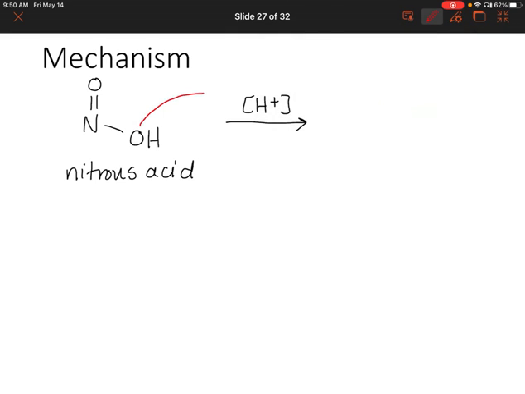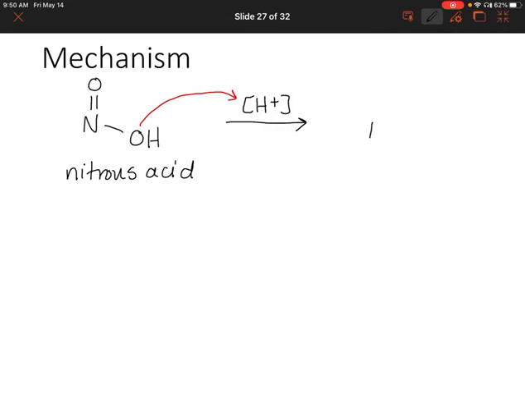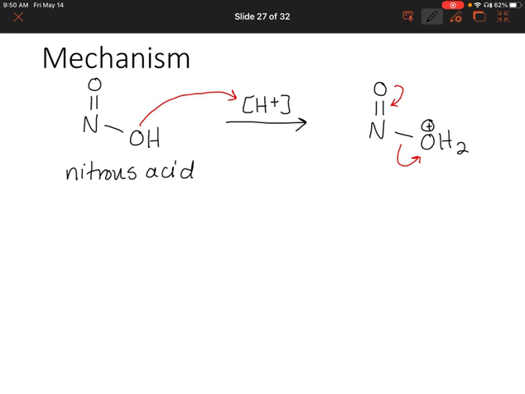And what happens is the oxygen in the alcohol group there is going to protonate itself and create a good leaving group. So in the next step, oxygen is going to create a triple bond with nitrogen, which will kick out our leaving group.